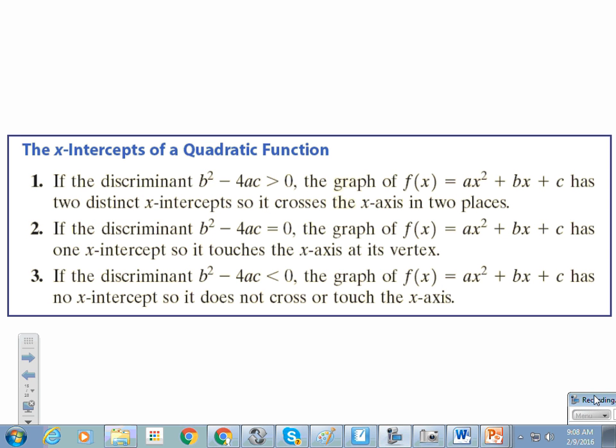We're going to look at the discriminant of our quadratic function to tell us how many x-intercepts it has.